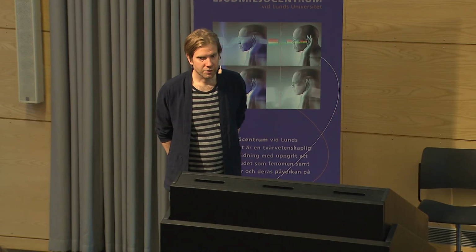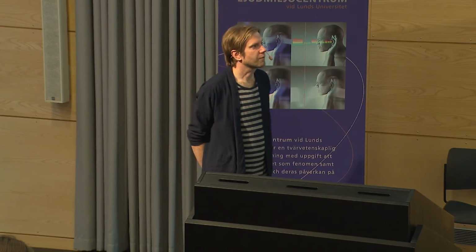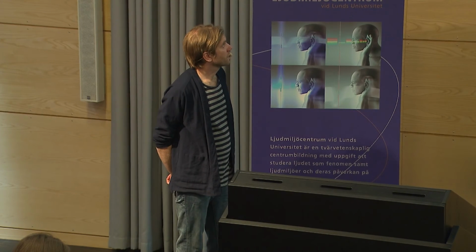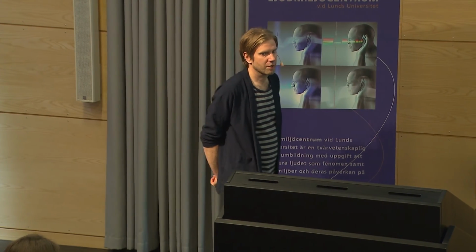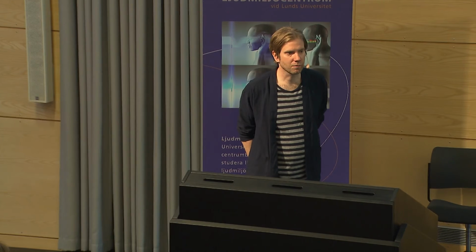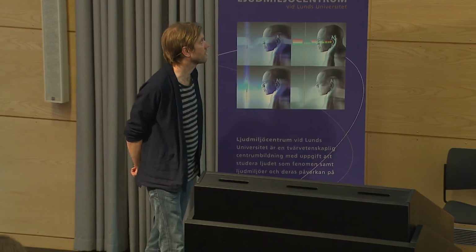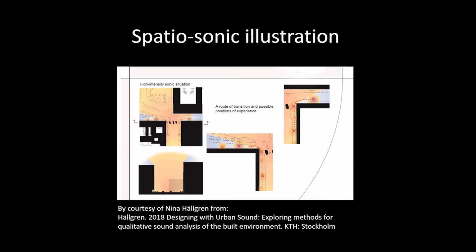I have two more examples before finishing. Both are a little bit phenomenological, so they are different examples of how you can capture the movement through space. This is an interesting method by Nina Hellgren, who quite recently presented her thesis on urban sound, which is a little bit related to the noise map, but with some more subtle information added.